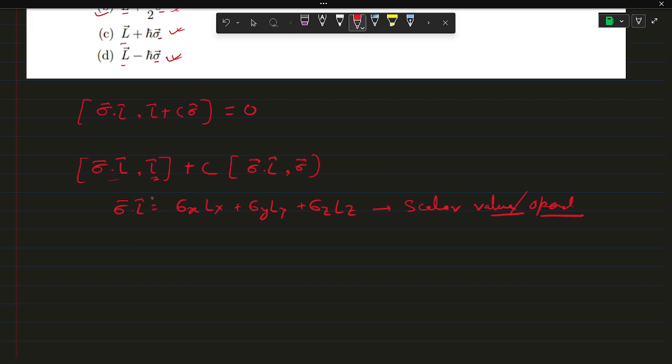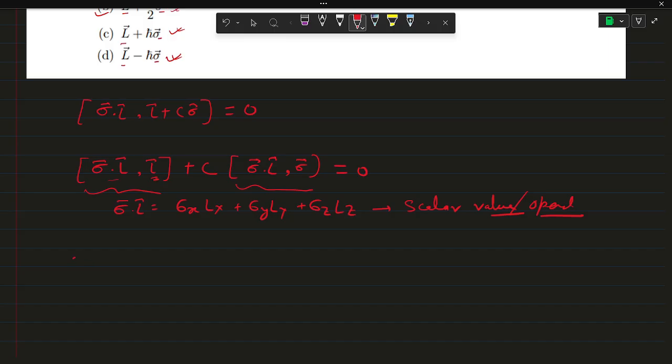Now let's find this part first, then solve the other part, add them, and put it in this equation, and we'll get the solution.